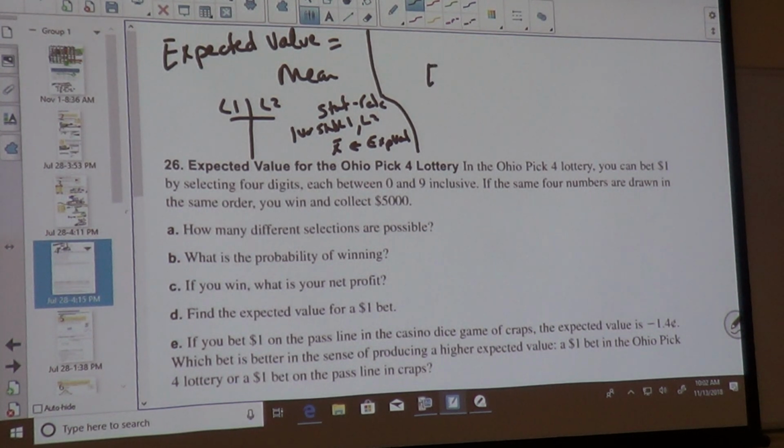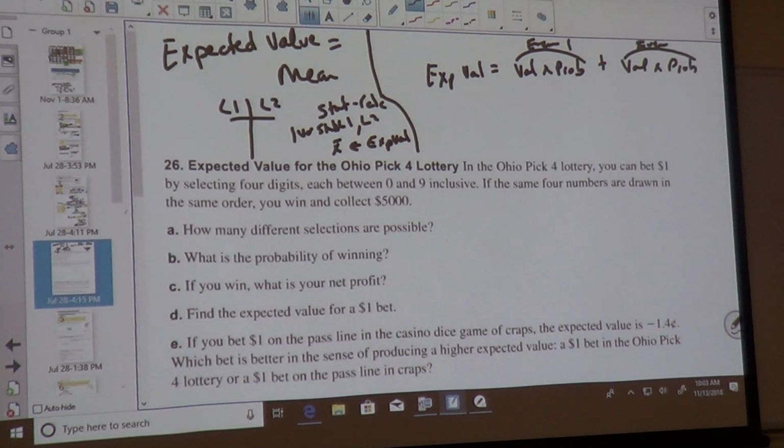Now, there is another formula for expected value, and I'm going to show you both of them. That is value times probability of the first event plus value times probability of the second event. And if there's more events, we would just keep doing that. Where this is the value and this is the probability, just like we did before.